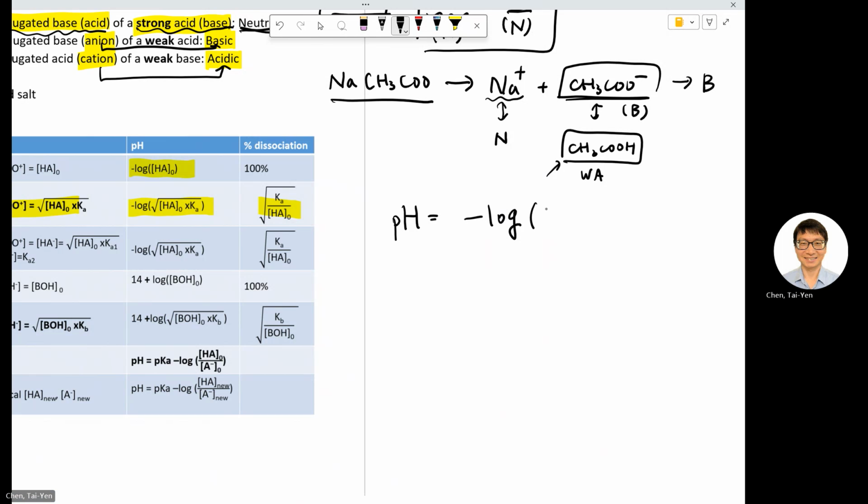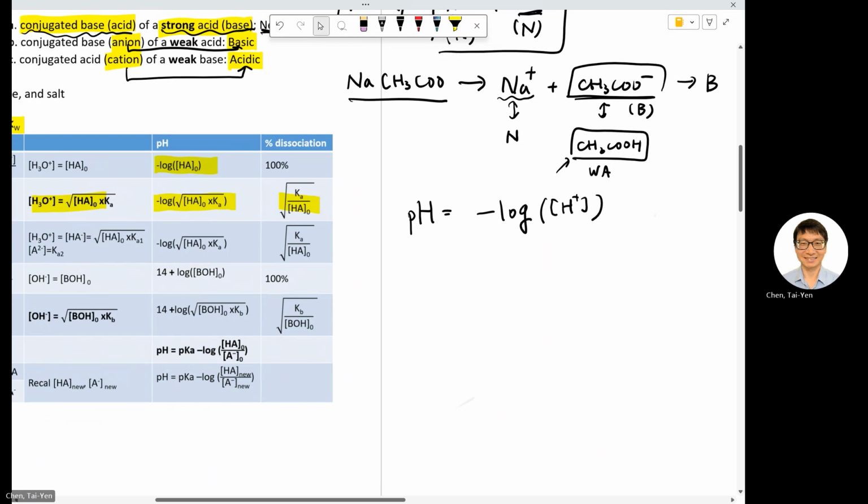H is a representation of your proton concentration. So if you know the proton concentration of your solution, you take the negative log of that, then you get the pH of that solution. That is the first fundamental concept that you need to know. Any question for this?